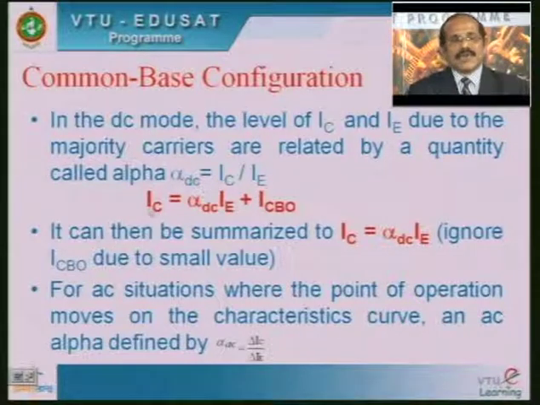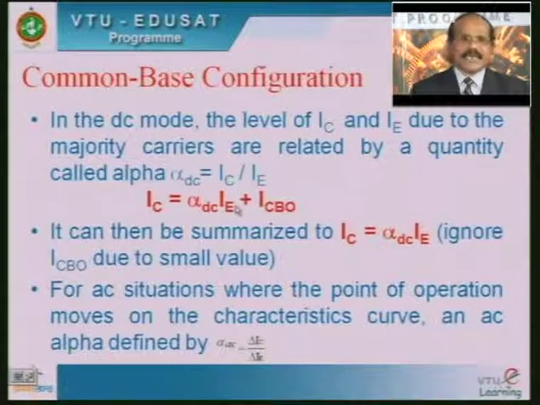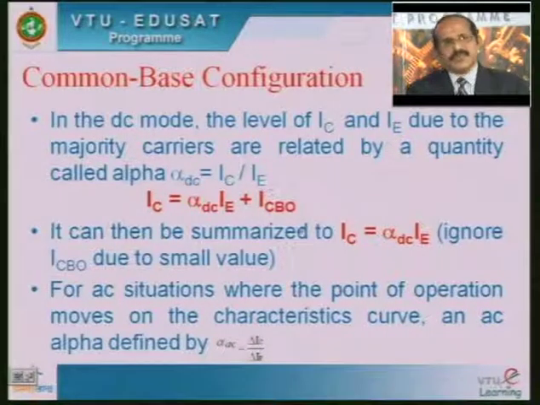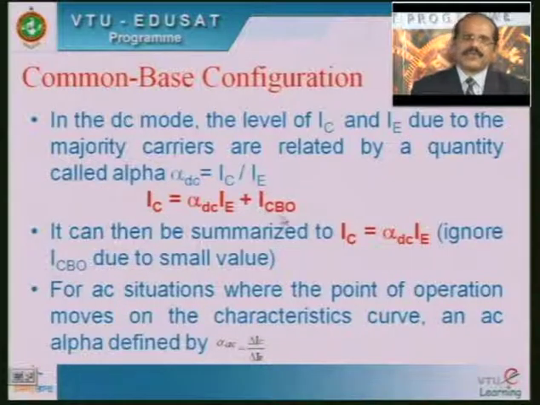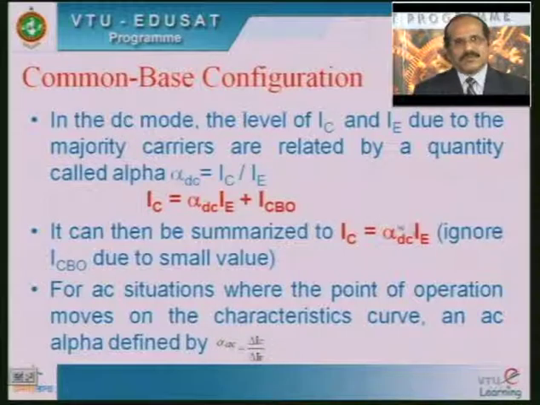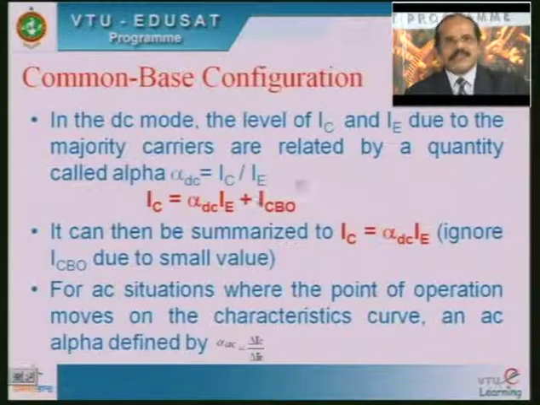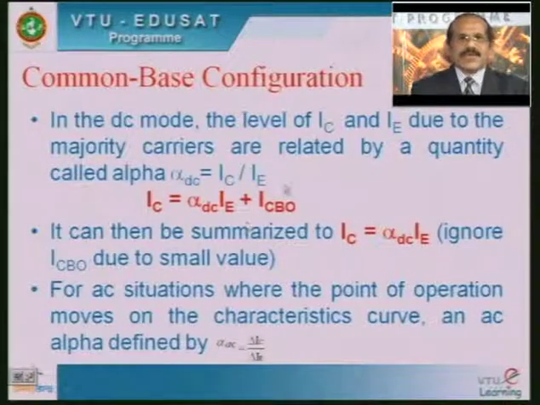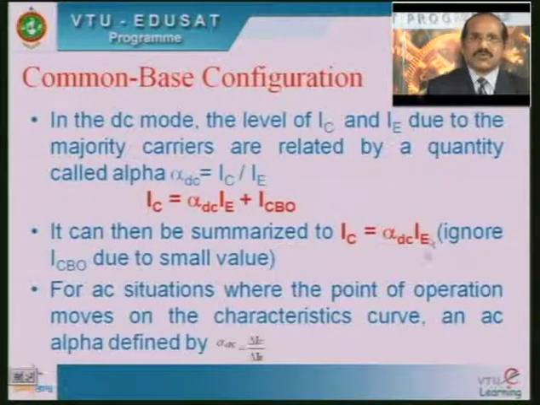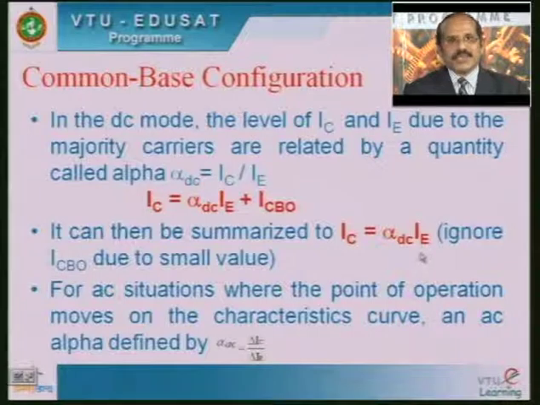Using this relation we can write IC equal to alpha DC times IE plus ICBO. ICBO, as I told you, is the current that flows from collector to base keeping the emitter open. Since ICBO is negligibly small, we can neglect it, and therefore IC is equal to alpha DC times IE.